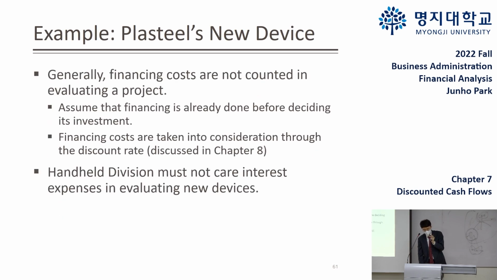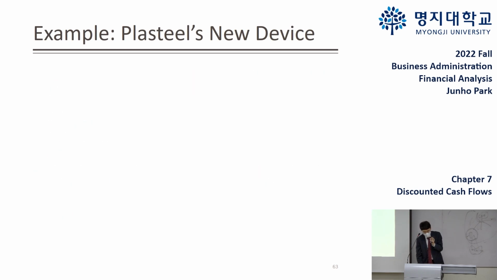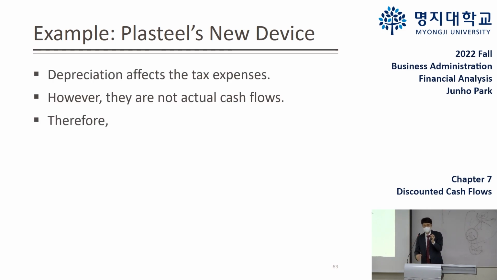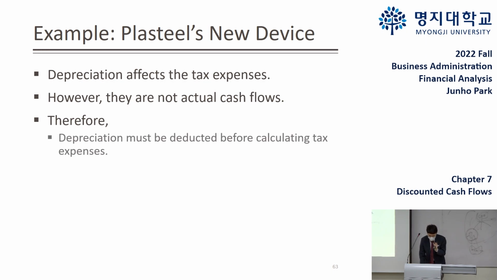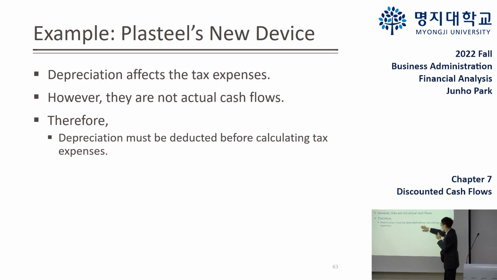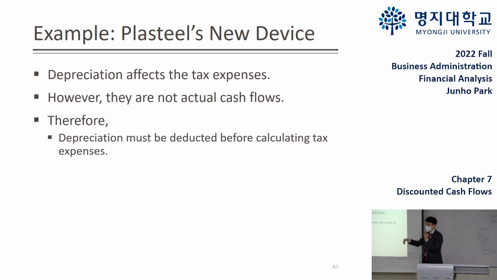But we already said that the depreciation is not an actual cash flow. Therefore, we have a two-fold procedure for taking care of this. First, we deduct depreciation from our operating income before calculating tax expenses, because thanks to the depreciation, our tax expenses are reduced.